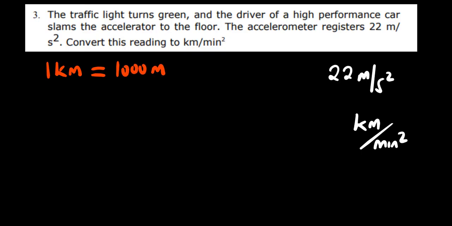Then we also need to convert our seconds to minutes. These ones are squared, but let's just write the general conversion unit. 1 minute is equal to 60 seconds. Now that you've got this, let's solve.